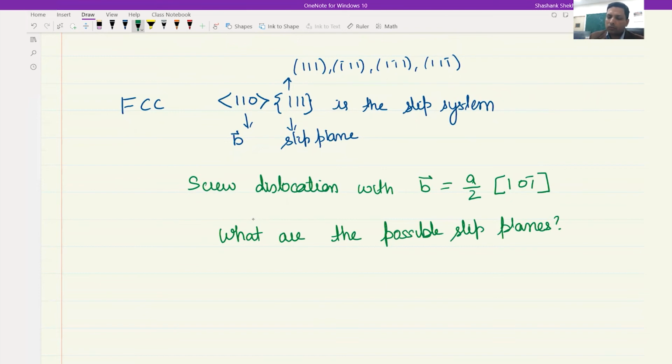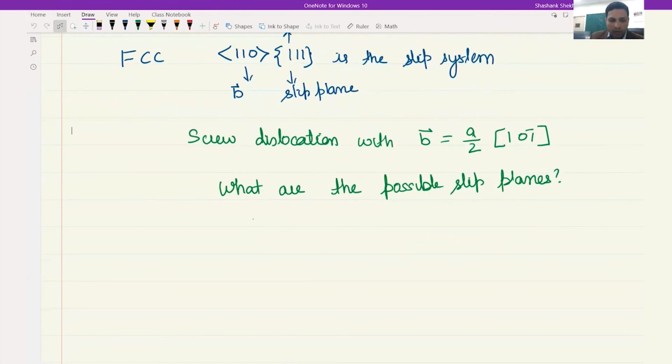Okay, so how do we find it? We know that Burgers vector is parallel to the line vector, and that does not define any plane. But what we know is that the glide plane must be one of these. And another thing we know is that if the screw dislocation is gliding on it, it means that the Burgers vector lies on it, and therefore if we take the normal of the plane, which is one of these, and the Burgers vector, then these two must be perpendicular to each other.